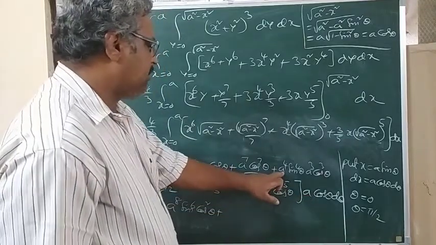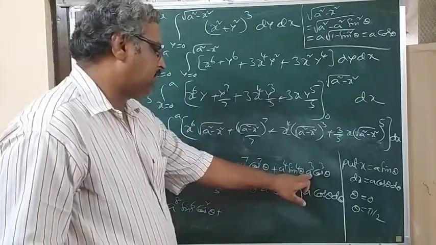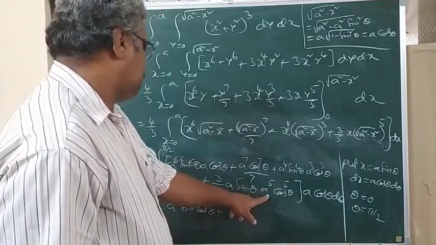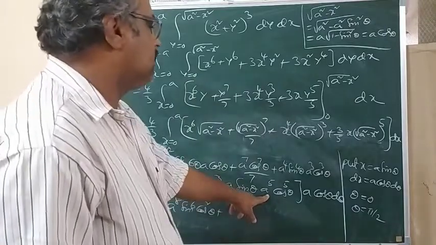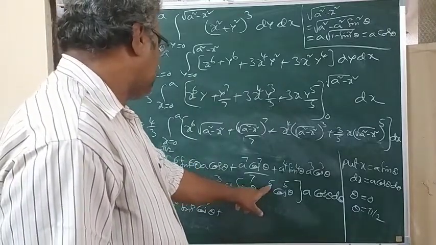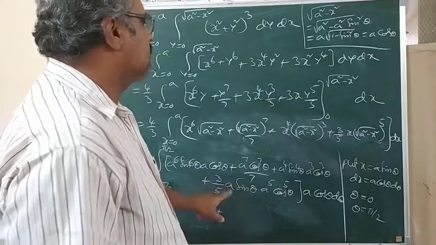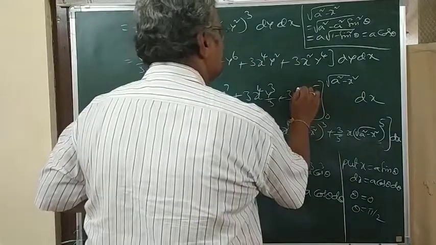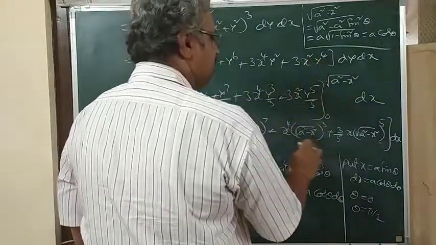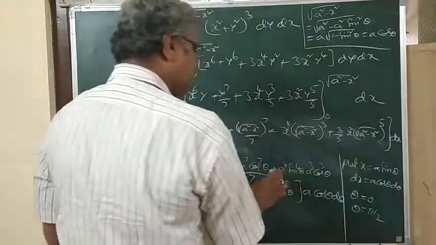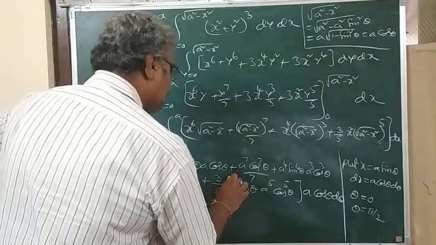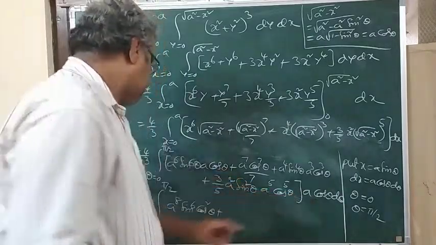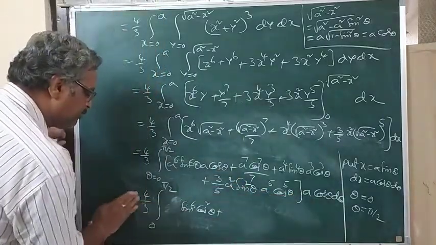Now observe a power 4, a cube gives a power 7, a gives a power 6... Here a power 5 and a power 6. This is x square, so 3x square, where x square means a square sin square theta. So here also a power 7 into a power 6. So a power 8 is the common term.